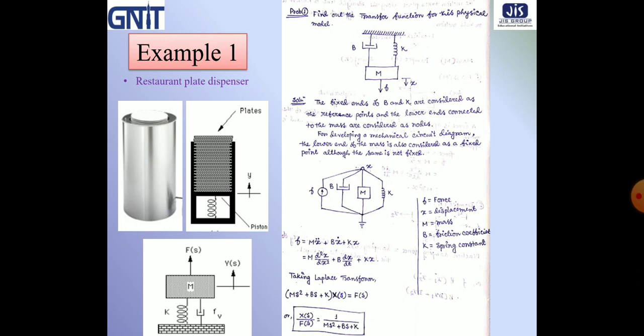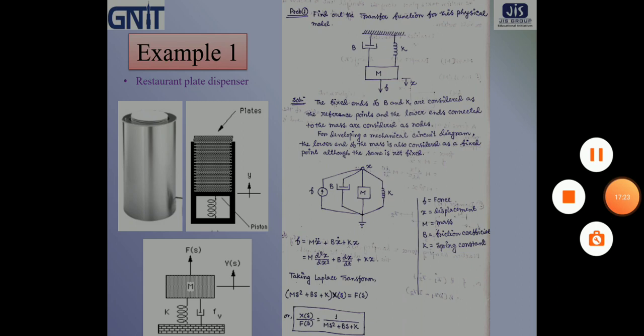Now we apply the Laplace transform here and we get (ms² plus bs plus k) into X(s) is equal to F(s). From this we can calculate X(s)/F(s) is equal to 1/(ms² plus bs plus k). So this is our desired transfer function which we had to calculate.